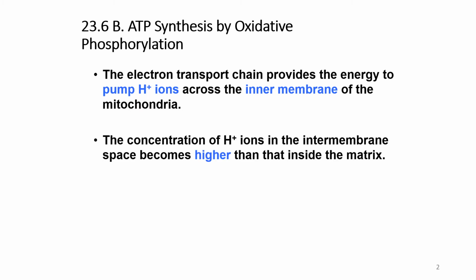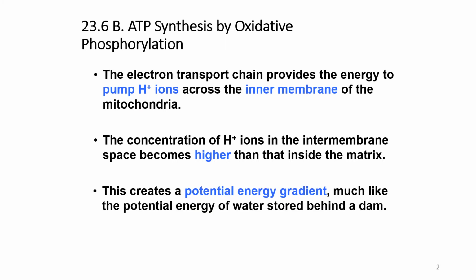The buildup of those hydrogen ions in the inner membrane space is going to create what we call a gradient. So we're going to have a higher concentration of hydrogen ions in the inner membrane space than we do in the matrix, which is within that inner membrane. And that creates this potential energy gradient.